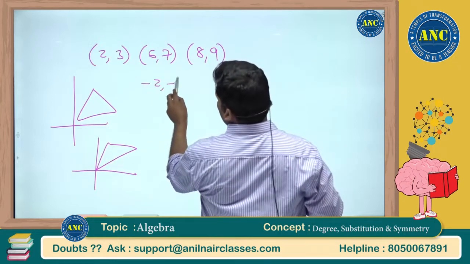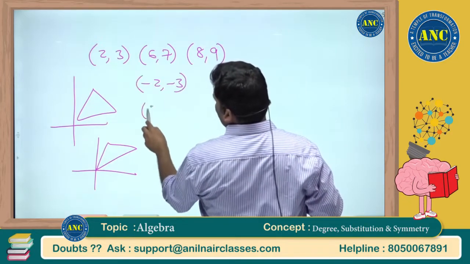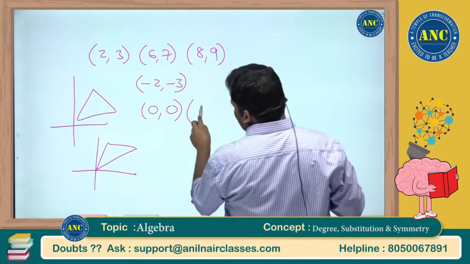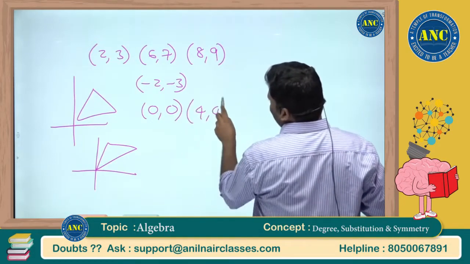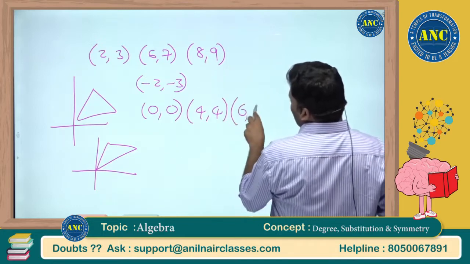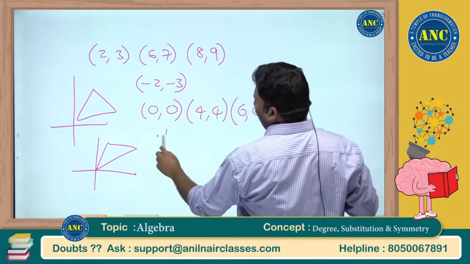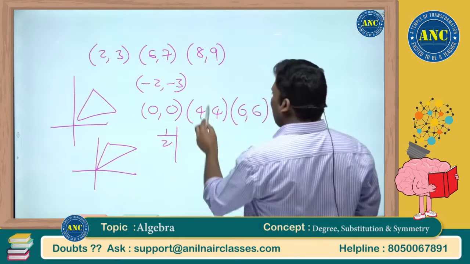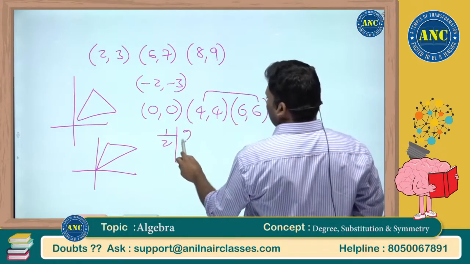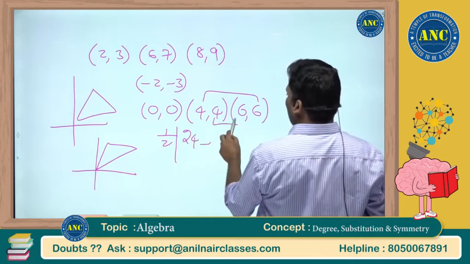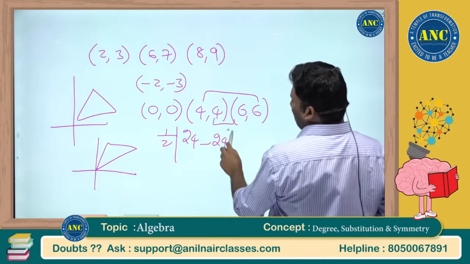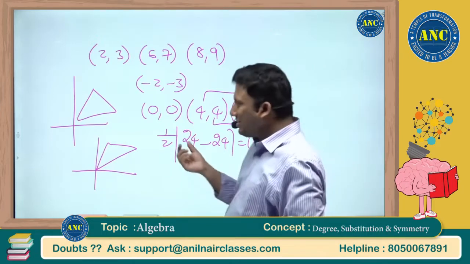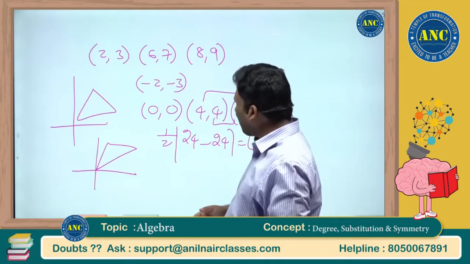I shifted it by -2, -3. 2 minus 2 is 0. 3 minus 3 is 0. 6 minus 2 is 4. 7 minus 3 is 4. 8 minus 2 is 6. 9 minus 3 is 6. Half of x1 y2 minus x2 y1. 24 minus 24 is 0. 0 by anything is 0. That means these 3 points are collinear points.